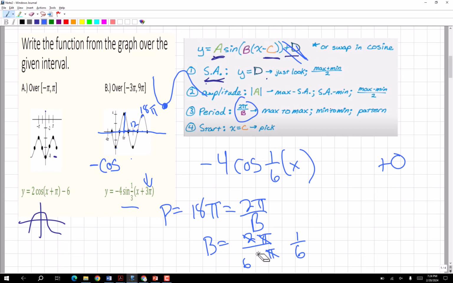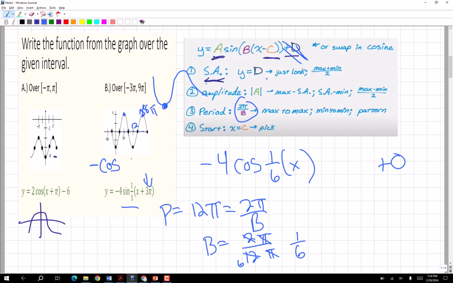Let me make sure that's right. I'm going to erase that and do it again. I know this is 6 pi, so 2 dots is 6 pi. Remember, I've got to go from here to here. There's 18 pi, and 18 minus 6 is 12 pi. So that's right.